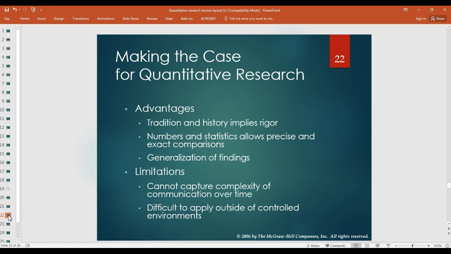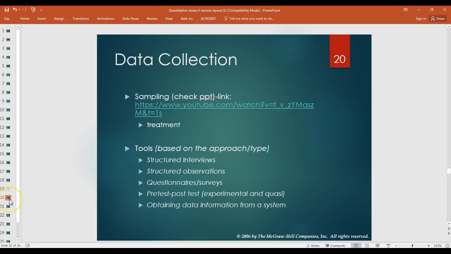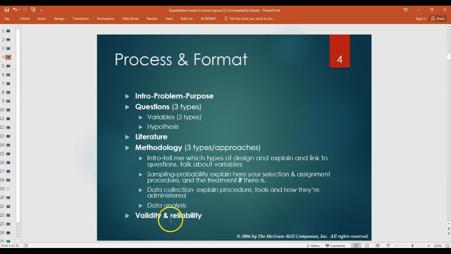Then, before we come to validity and reliability, just to make sure that you understand, let me go back to the structure of your paper again. Intro and purpose, questions with variables, hypothesis, literature, then methodology.